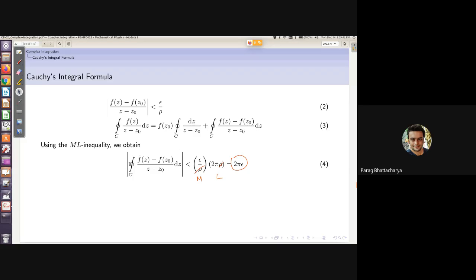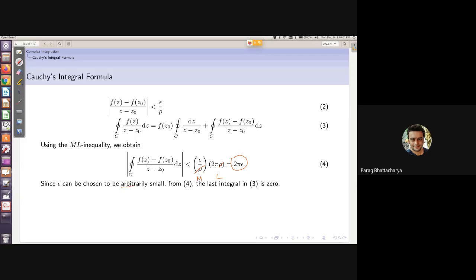So you can see that this entire integral is less than 2 pi epsilon. 2 pi is anyway a constant, so we can say that this integral is less than epsilon. If we choose epsilon to be arbitrarily small, as small as we want, the last integral can be made 0.